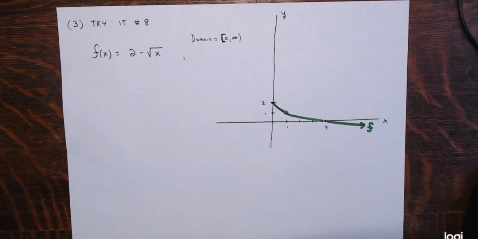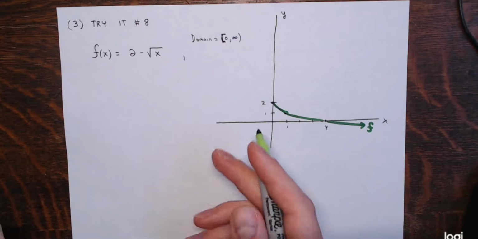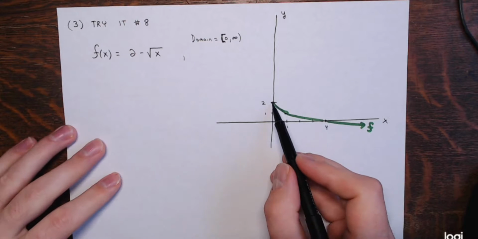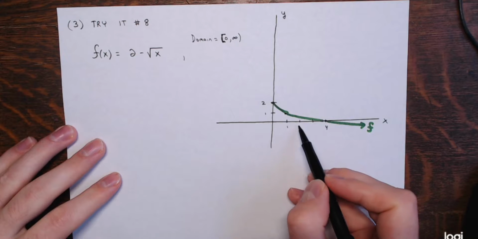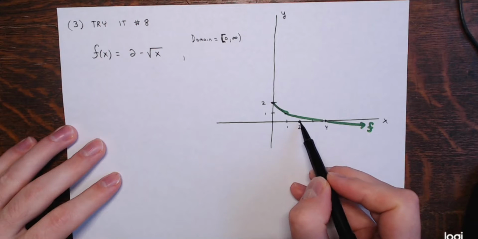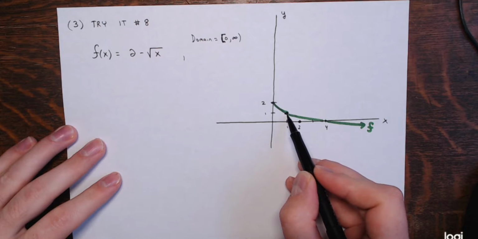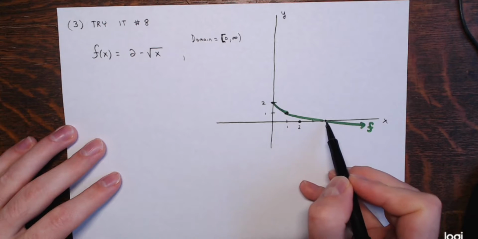And based on this picture, I could graph f inverse right now. Here's (0, 2) on f, so (2, 0) would be on f inverse. (1, 1) would be on both of them. You just switch 1 and 1, it's still 1 and 1 again. And then instead of (4, 0), you'd have (0, 4).